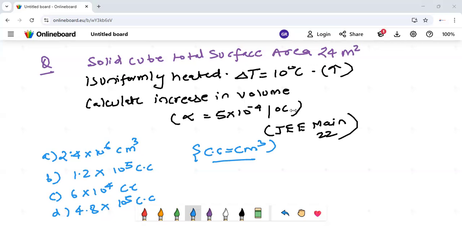Abhijay, correct, beta. Aradhya, I think your unit is meter cube. Isabel, correct.